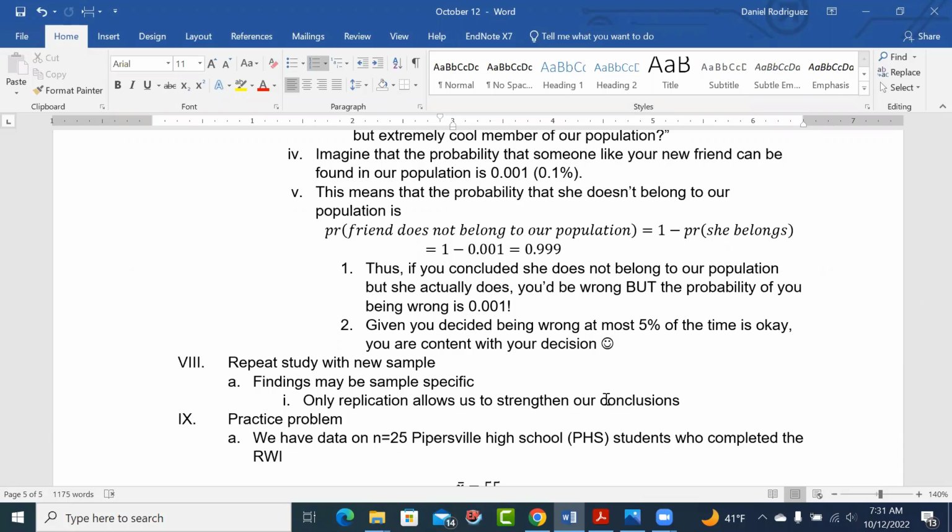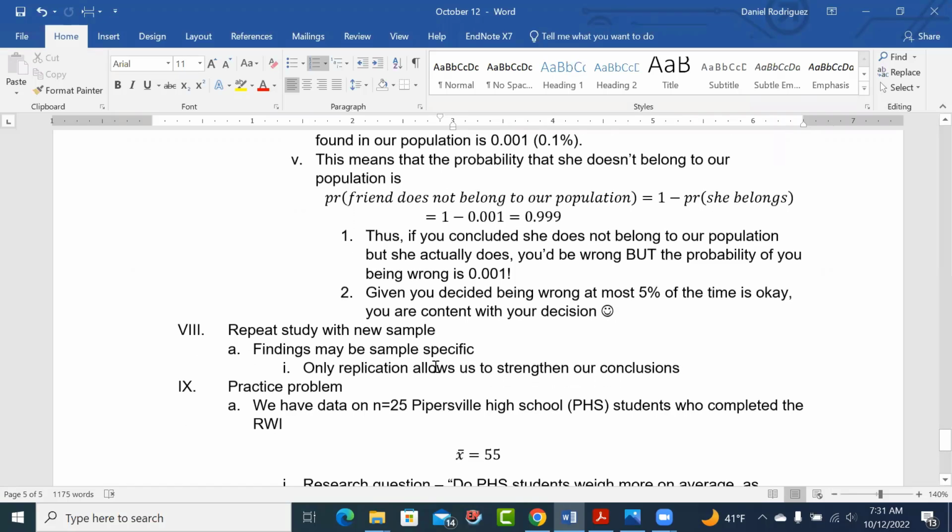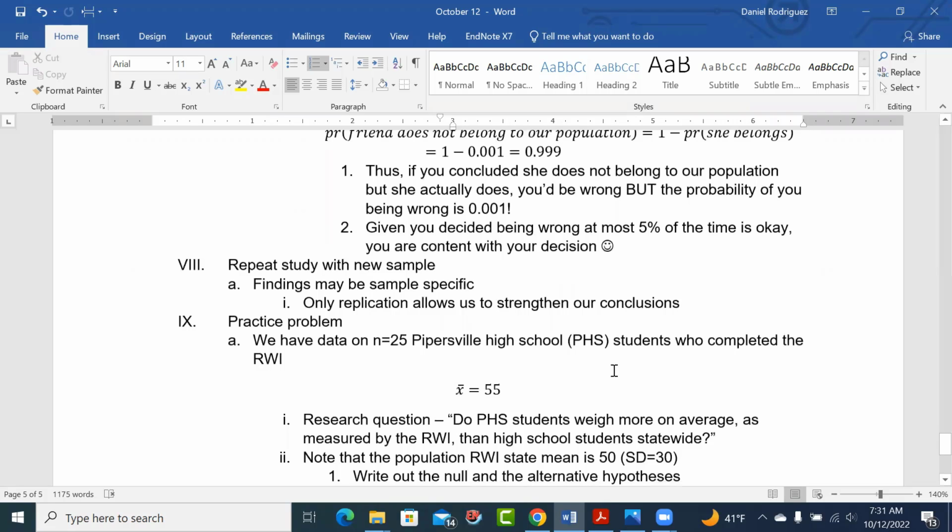So you can say she's from another planet. Wow, this person's so cool, she's otherworldly, man. The last step, of course, is to repeat our study to see if our findings are valid. We need replication to ensure validity.